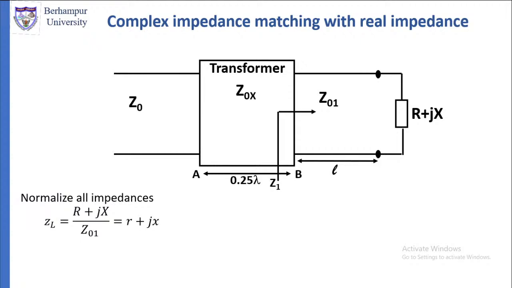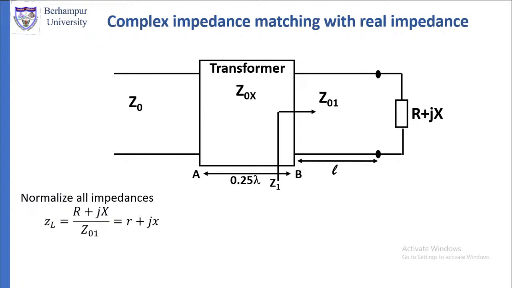So if we can somehow transform R plus jX to R, then we can match R to Z0. That is possible, because we know we can use quarter wave transformation to transform R to Z0. Now the question is, can we transform R plus jX to R?